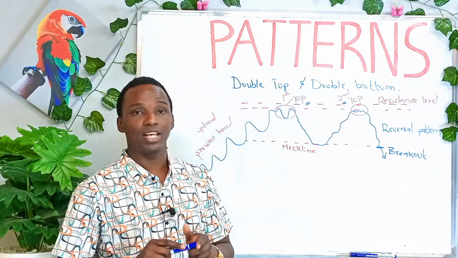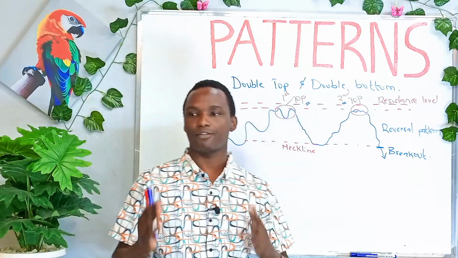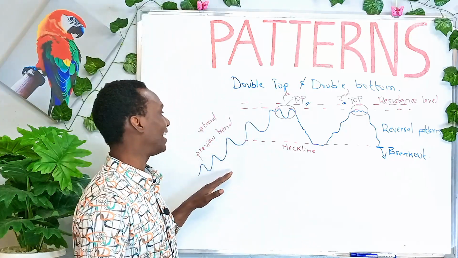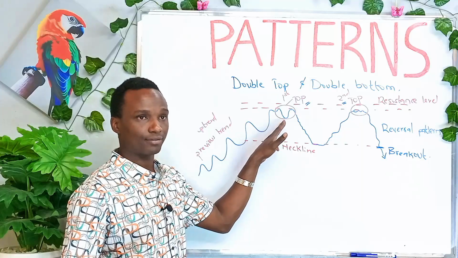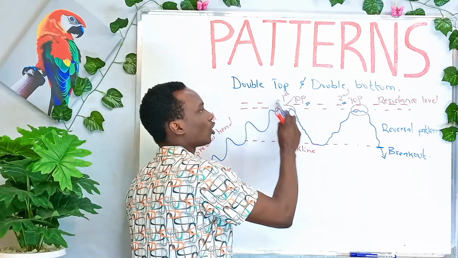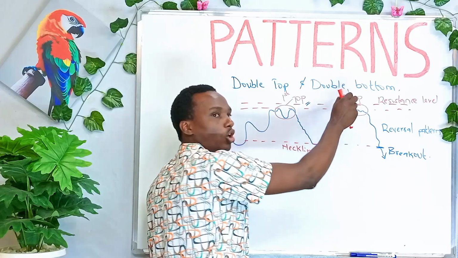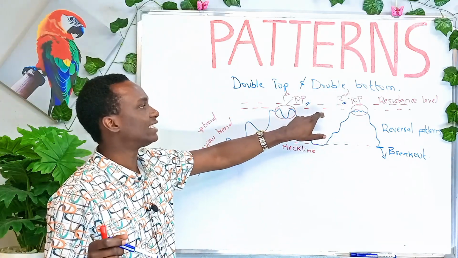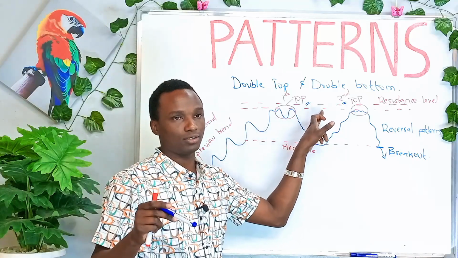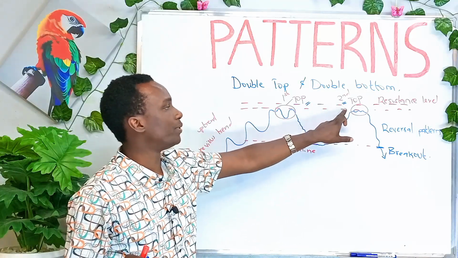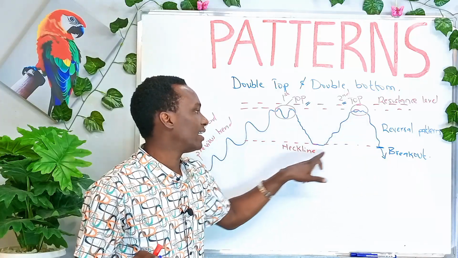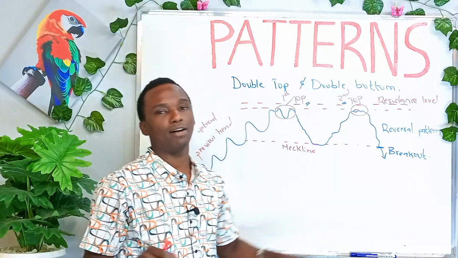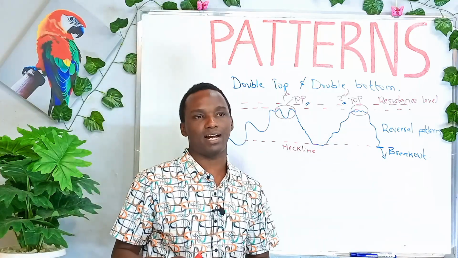That is why we say that a double top is a reversal pattern that is formed after there is an extended first move. The first top is formed, and the second top is formed when the price reaches and hits this resistance level, which seems not to be breaking. The price comes here, tests this neckline, breaks it out and goes lower, forming lower highs and lower lows.